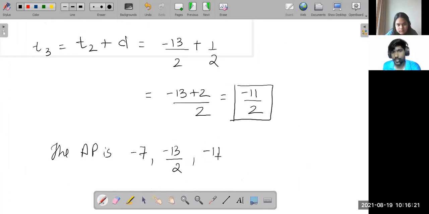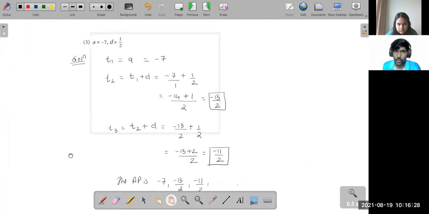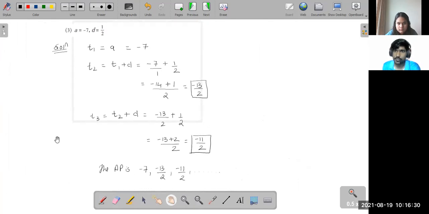Third term minus 11 upon 2, and so on. Is this clear? Have you understood? Okay, write it down. If 3 terms are enough, you can find T4 also, but it's okay if you don't. But minimum 3 terms have to be there.